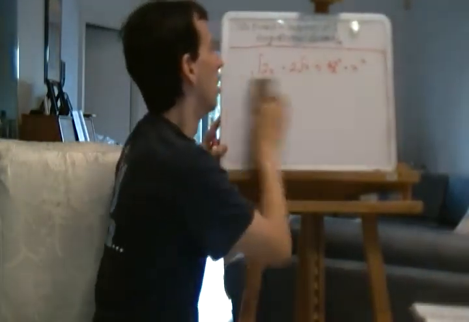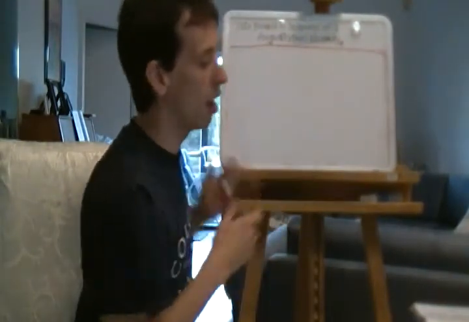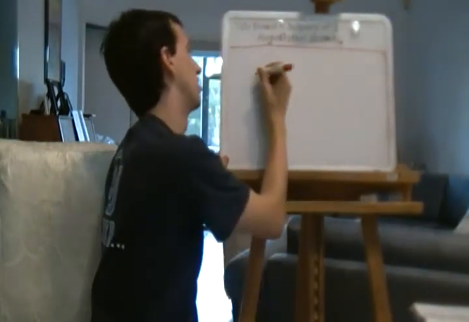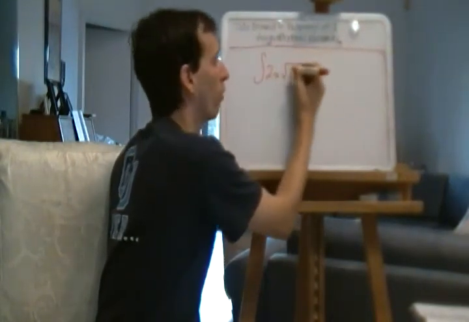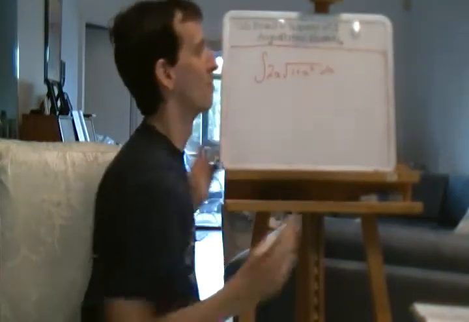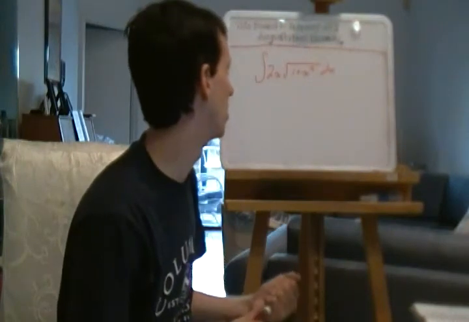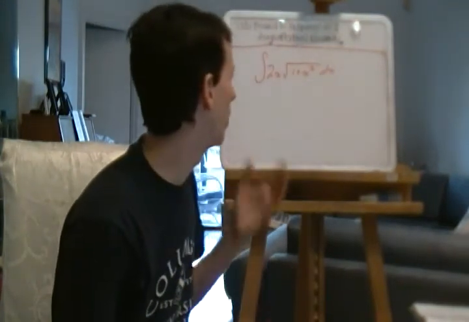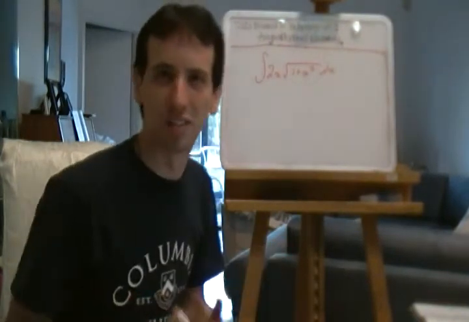Anyway, we have a way to figure out a lot of integrals. But let's say we get an integral like this: the integral of 2x times the square root of 1 plus x squared dx. The square root of 1 plus x squared doesn't appear in a denominator, so we don't have any inverse trig functions we can use, and we've got a product.